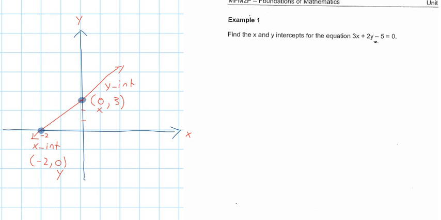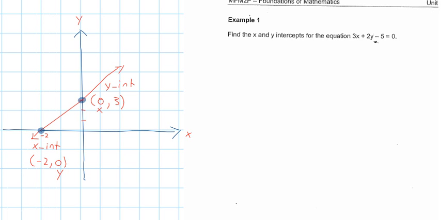That's always going to be the case. Anytime you're looking for the x-intercept, the value of y is going to be 0, and anytime you're looking for the y-intercept, the value for the x is 0, okay?